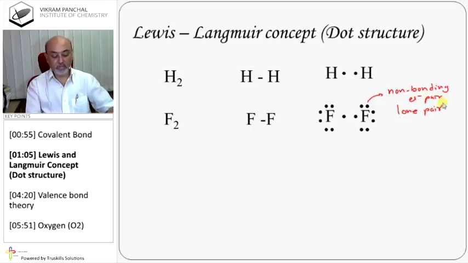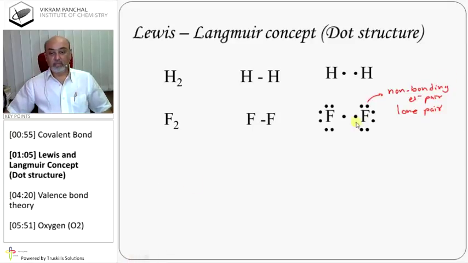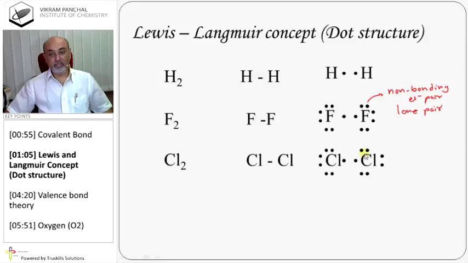So they cannot form covalent bond, but it is necessary to show them, and you can see that by bonding electron pair, this is bonding electron pair, and they will form octet. Chlorine, single bond, but there will be 3 lone pairs, and therefore there will be octet.